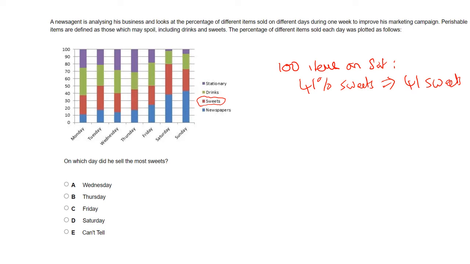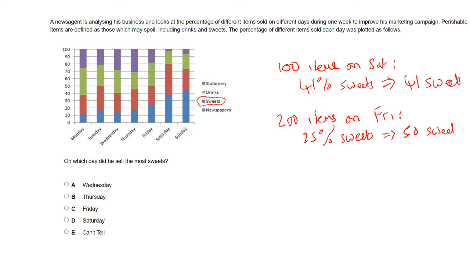Now on Friday, maybe he sold 200 items. We don't know, but this is a possibility. So he may have sold 200 items on Friday. Only 25% of those, looking at the size of that maroon bar there, 25% were sweets. But 25% of 200 is 50 sweets.